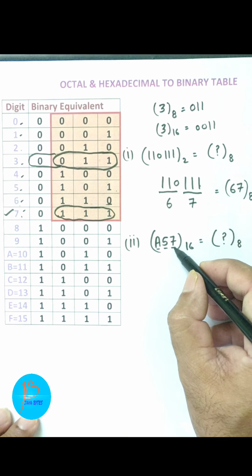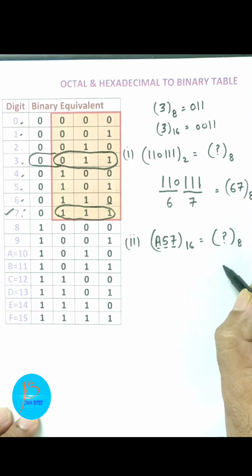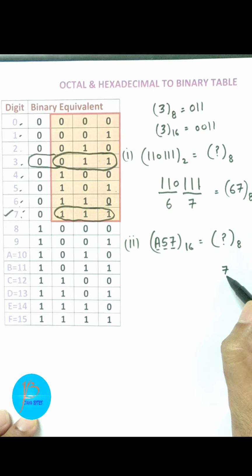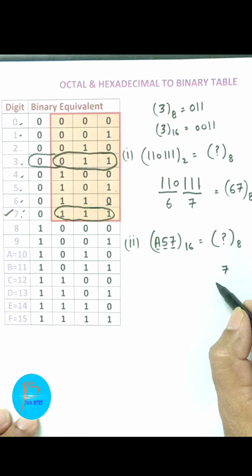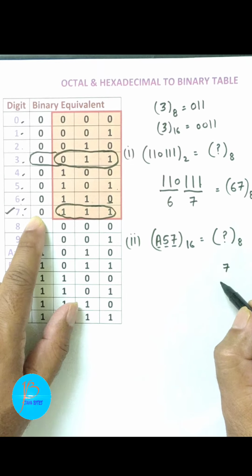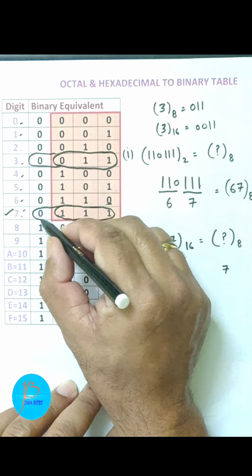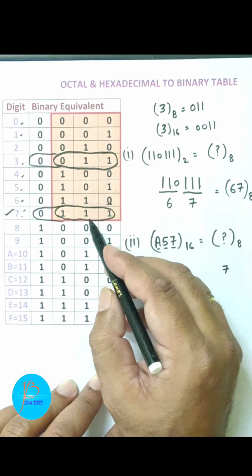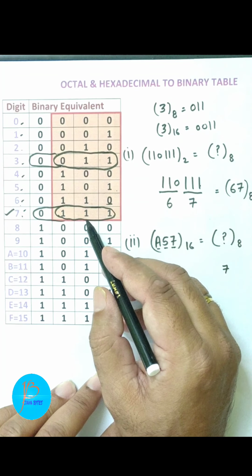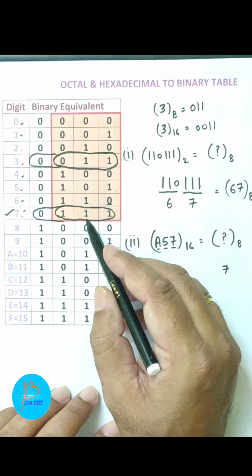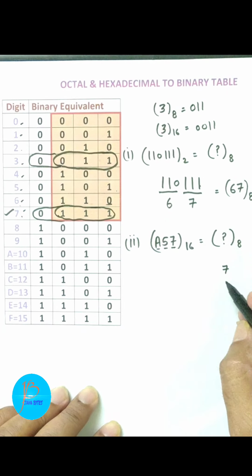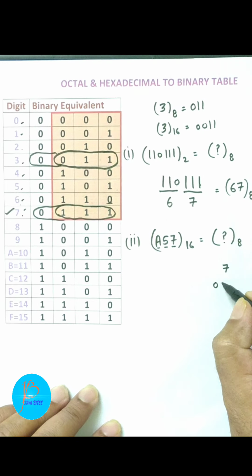For example, the first here is 7. So write down the binary equivalent of 7, and 7's binary equivalent is 0111. Children, now remember, when you are taking the binary equivalent of a hexa digit, you will note down the binary equivalent of length 4, means you will cover 4 bits. So its equivalent is 0111.